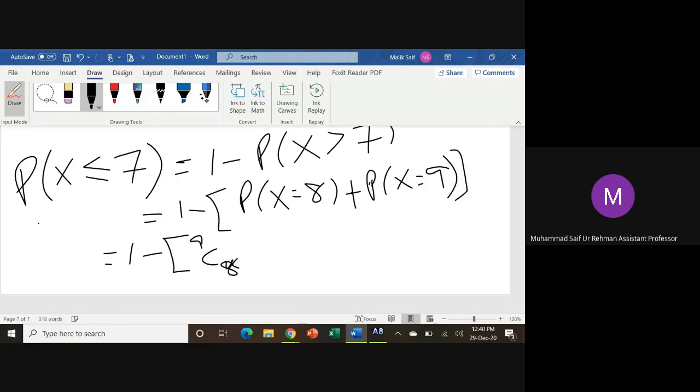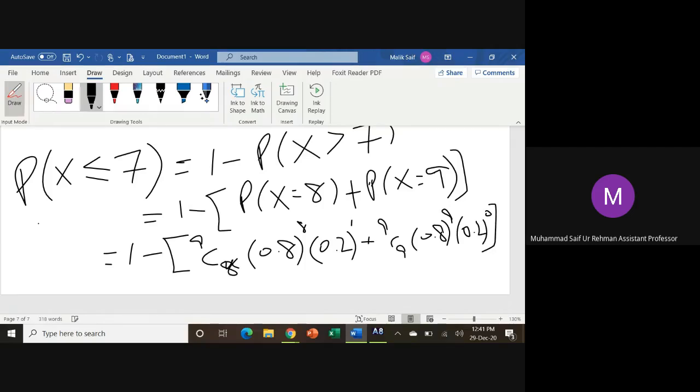So you write down here 9C8, 0.80 or 0.8 power 8 multiplied by 0.2 power 9 minus 8, that is 1, plus 9C9, 0.8 power 9 and 0.2 power 0. So see what is the answer and then subtract it from 1.